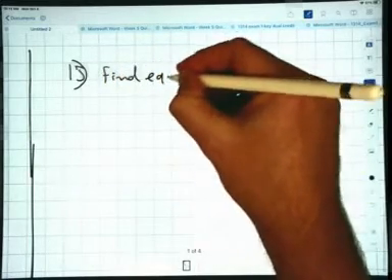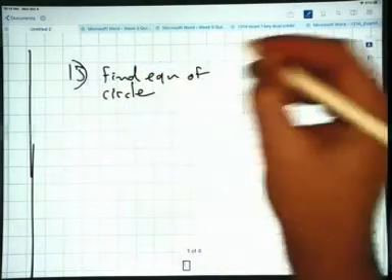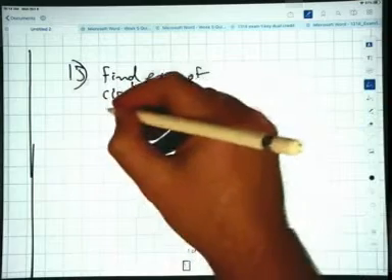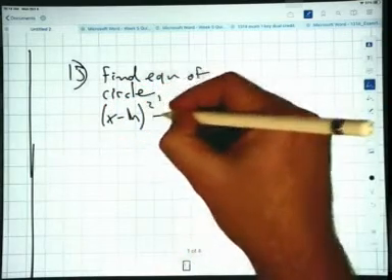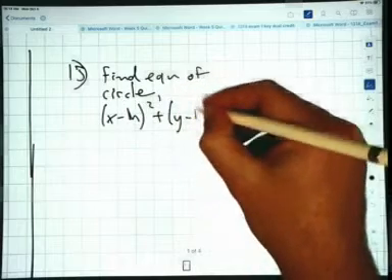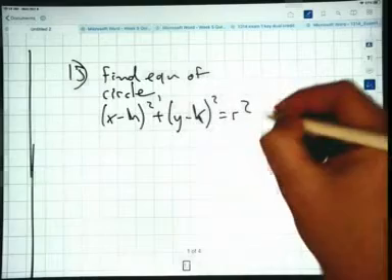Find the equation of the circle. Now when it says find the equation of the circle, that means we want x minus h quantity squared plus y minus k quantity squared equals r squared.